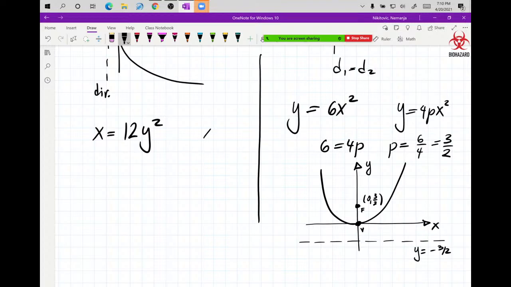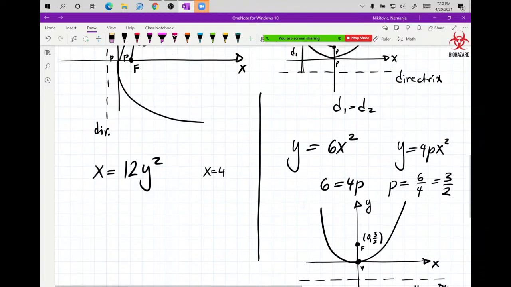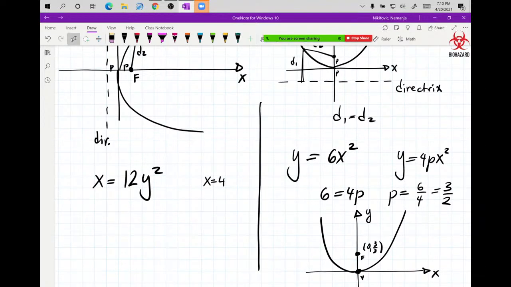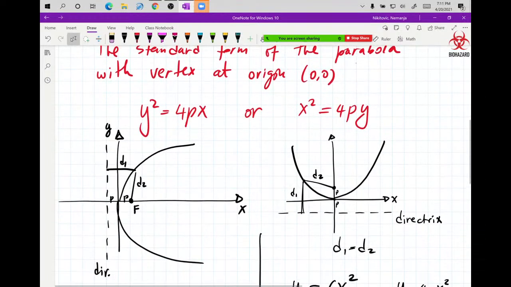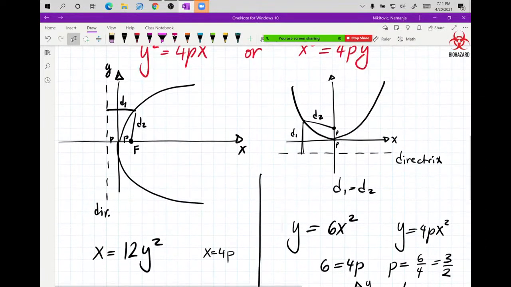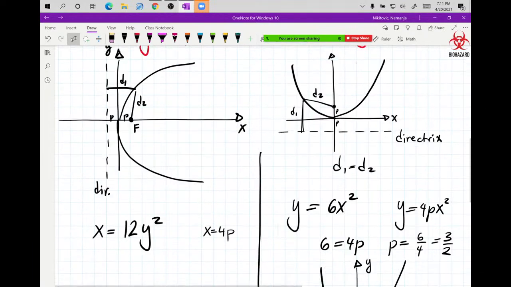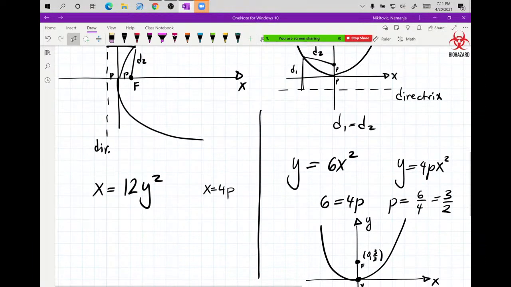And you are comparing that to x equals 4... wait, I have it backwards.